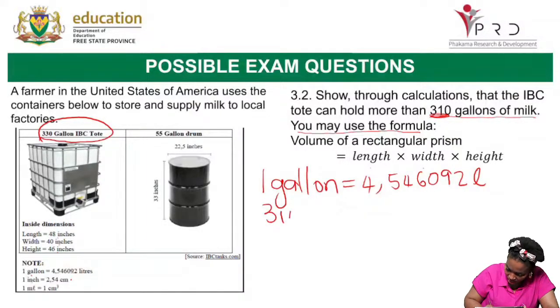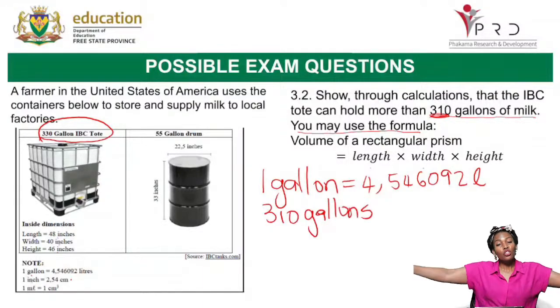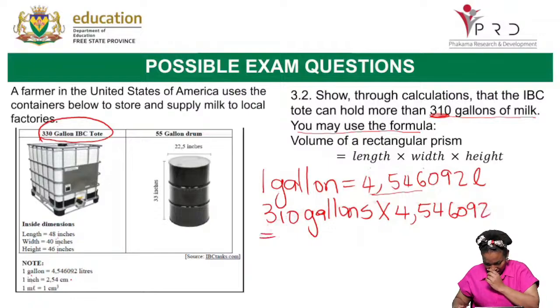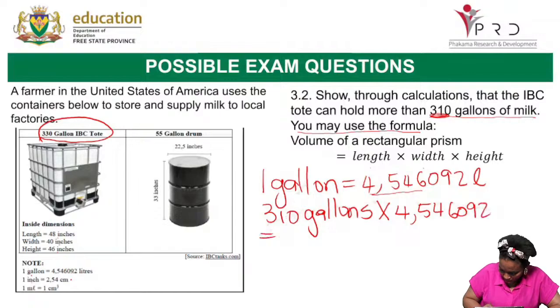I have 310 gallons. Remember, I said that I'm moving from a bigger one to a smaller one. Therefore, I'm going to multiply by the conversion factor, 4.546092. So 310 multiplied by 4.546092 is 1,409.28852 liters.